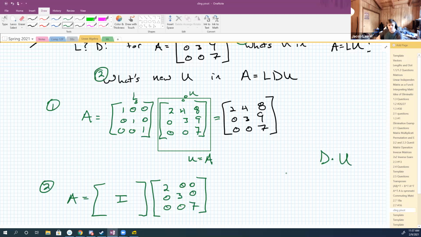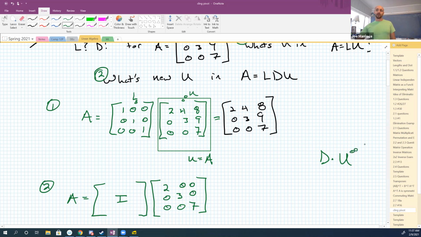It basically just upper triangular. Yeah, it's going to be upper triangular. It's going to be a different upper triangular matrix, right? But at the very least, it's going to be upper triangular. You guys see that? Because I know that my matrix A is upper triangular, I have this sneaking suspicion that the lower triangular part of any one of these decompositions is going to be the identity matrix.